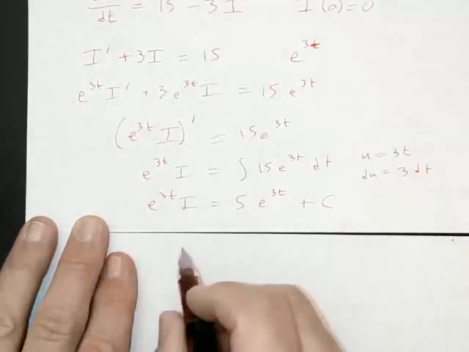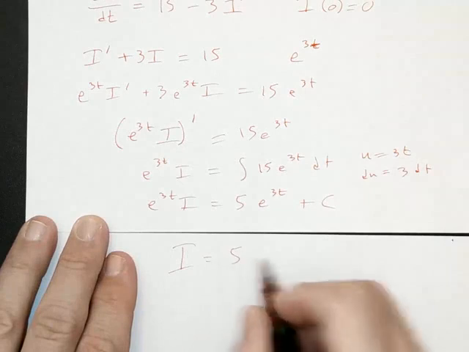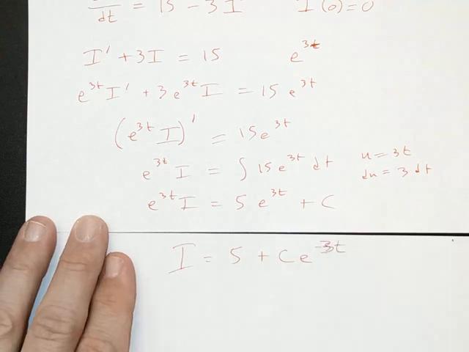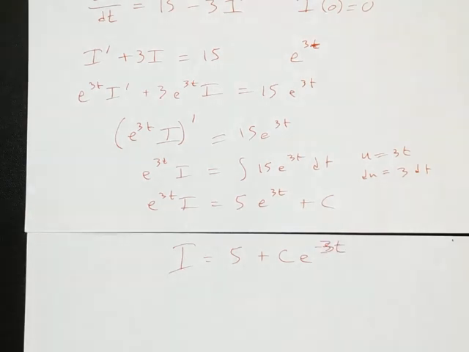I now divide to get I all alone. I equals 5 plus c e to the minus 3t. Because I divided by e to the 3t. Wait a minute. There's an initial condition up there at the top of the screen. I of 0 equals 0. So when I put in t equals 0, what's e to the 0?